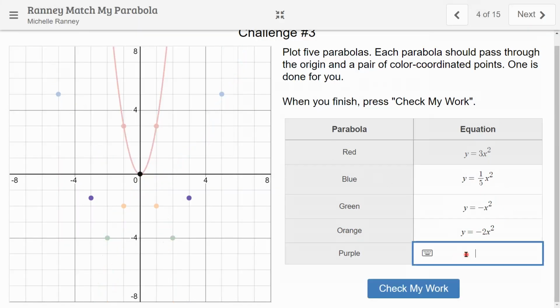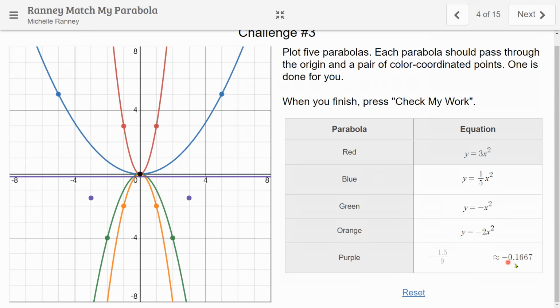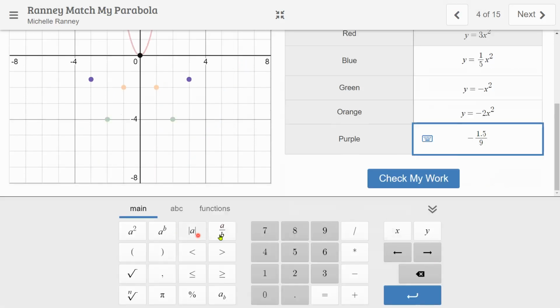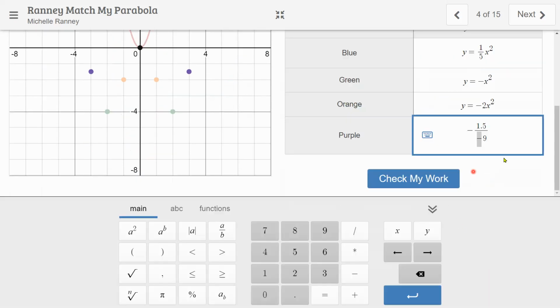So if I put in, and again, I think I might even do it here. Let's see, negative 1.5 divided by 9. Okay, it gave me that. Should be able to change it to a fraction here. I guess it didn't let me.